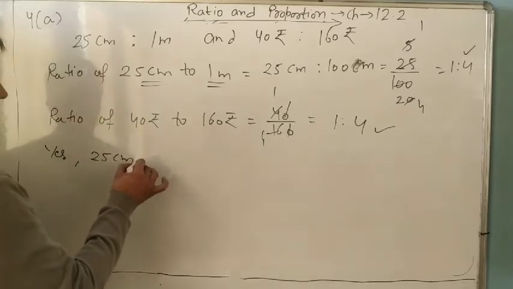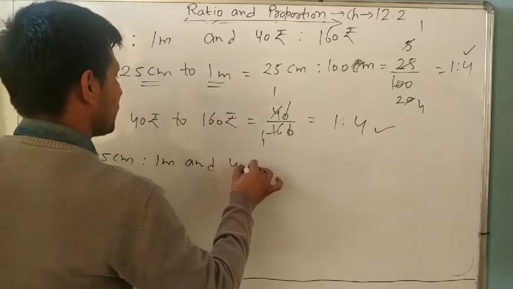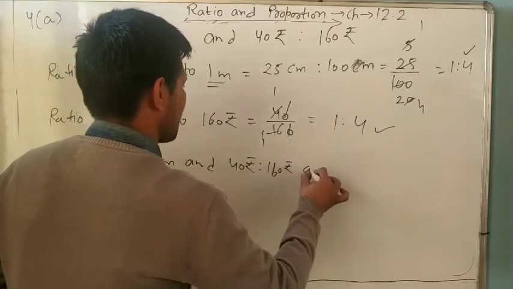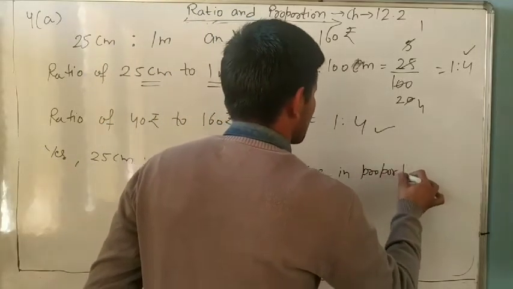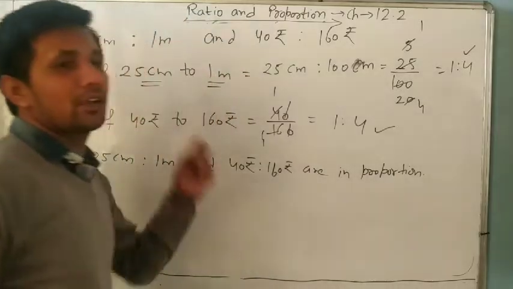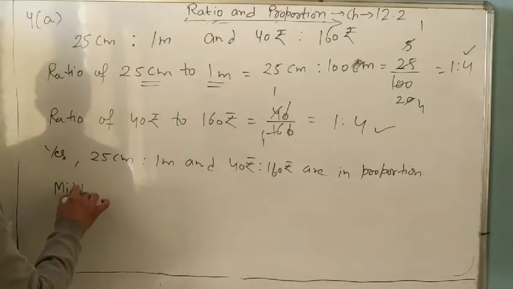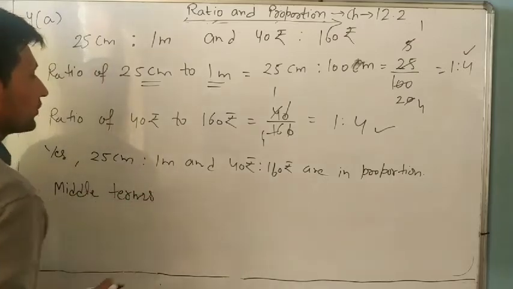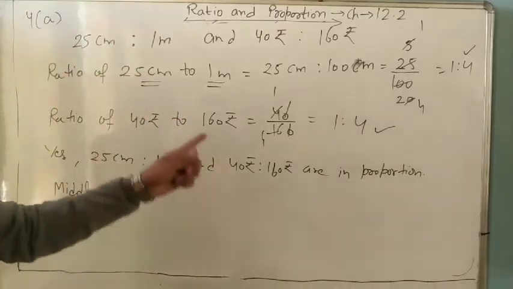You can write: yes, 25 centimeter to 1 meter and 40 rupees to 160 rupees are in proportion. But in the question we have to find the middle terms also. Which ones are the middle terms? I told you the middle terms are the second and third.